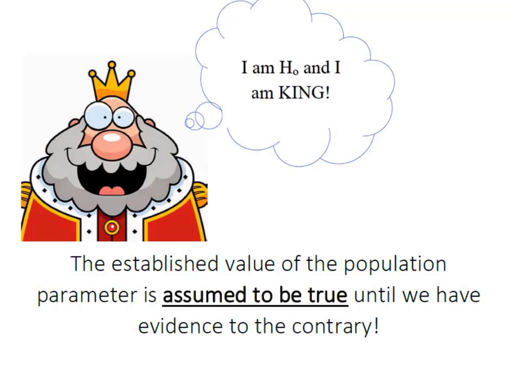It's important to remember when you undertake hypothesis testing that H0 is king. In other words, the established value of the population parameter is going to be assumed to be true until we have sufficient evidence to the contrary.